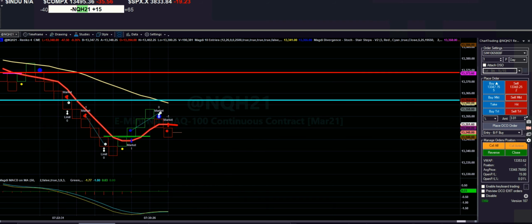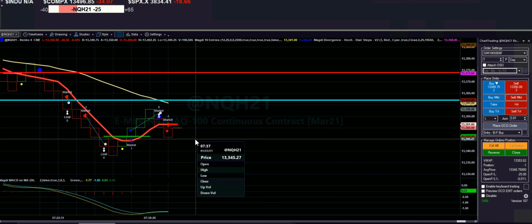When it reaches that line, you should exit, because it may go back up again. Look, I should hit exit right away.